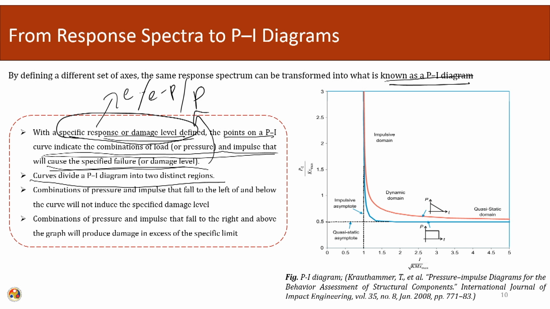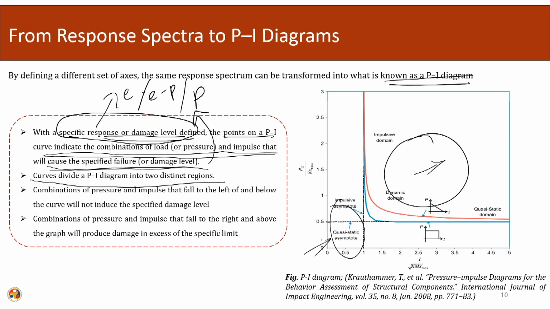The combination of pressure and impulse that falls to the left of and below the curve will not induce the specific damage level. If the system remains below this curve, the damage level will not be achieved, and if it is to the right or above, that damage level will be exceeded. This is how the PI diagram will be used.